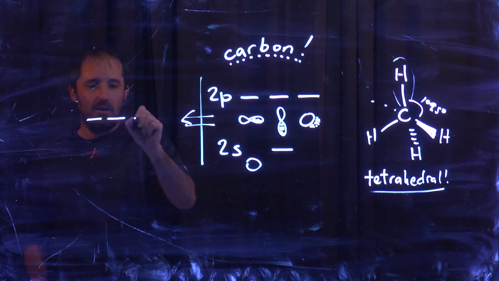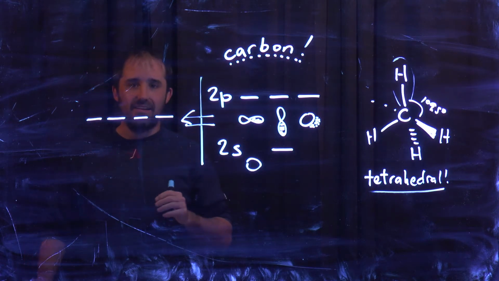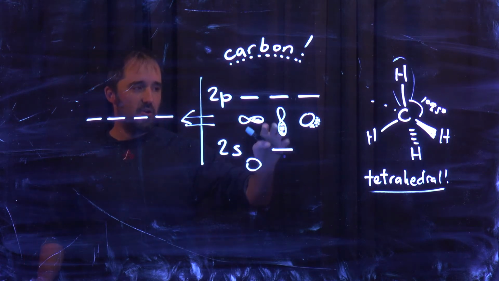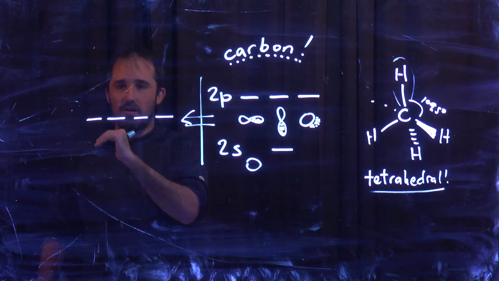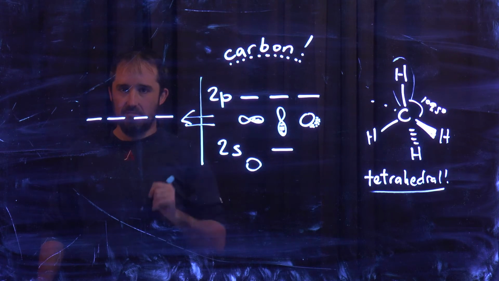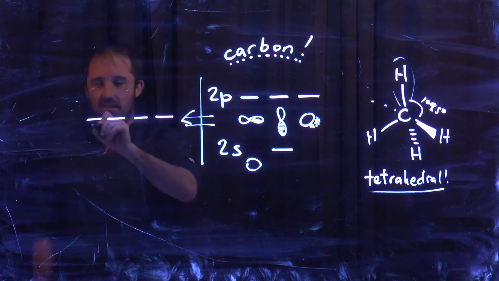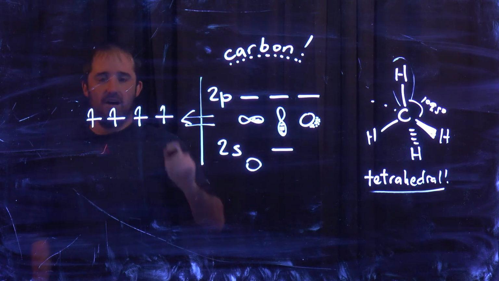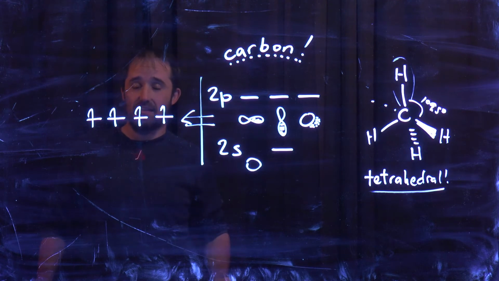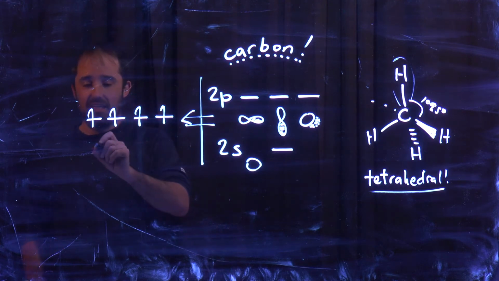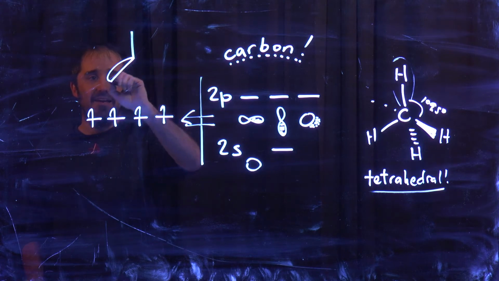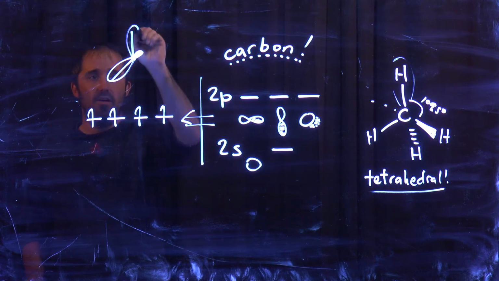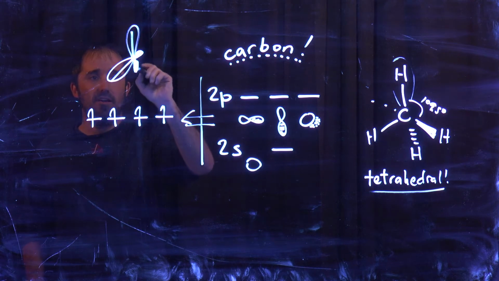Now, instead of ending up with 1 lower energy spherical and 3 higher energy, I am going to end up with 4 orbitals of equal energy. Each of these is going to get one of carbon's 4 valence electrons, and I can think of each of these as essentially being on one of these tetrahedral axes.